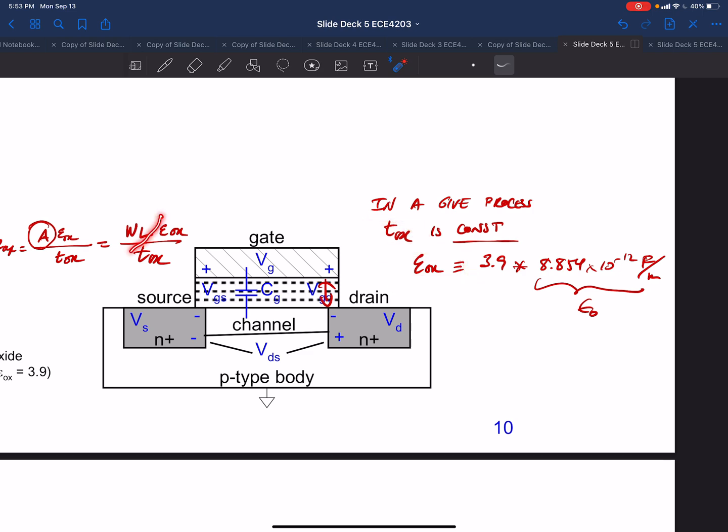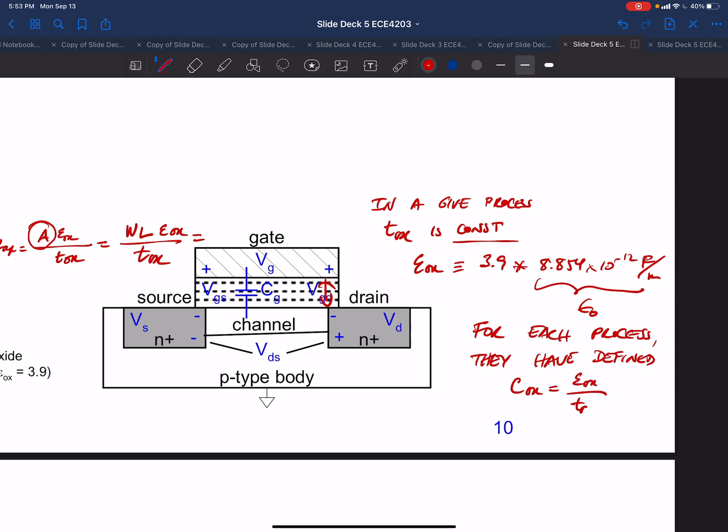To make our life a little easier, for each process they have defined a parameter called C ox, which is just this epsilon ox over T ox.